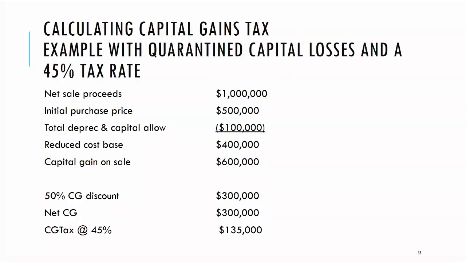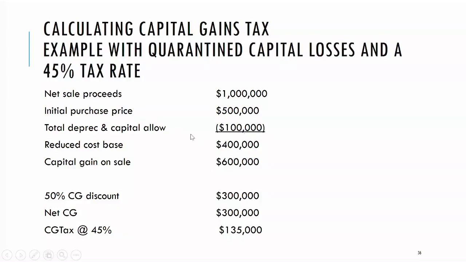Now you made a capital gain, so you have to pay tax on the allowances you claimed so far. In this case, your capital gain is 500,000 plus these capital allowances, so it's 600,000 at the end.